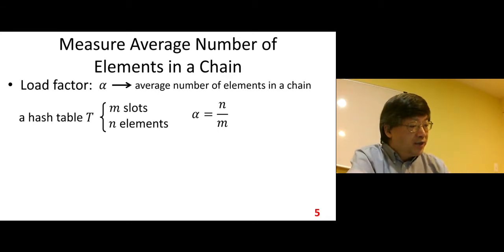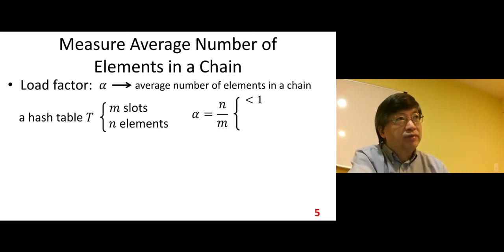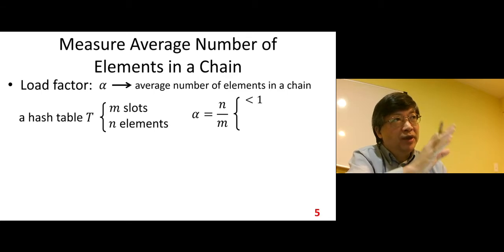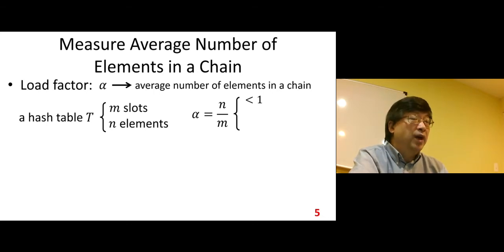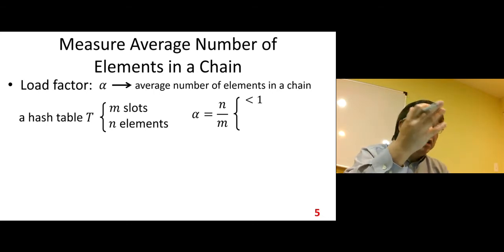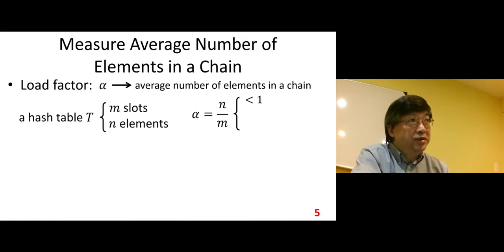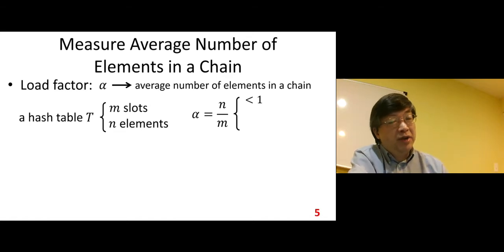So this alpha number could be in 3 cases. The first one, less than 1, because your n number is smaller than m, so you get an alpha number less than 1. Equal to 1, when n and m are the same.